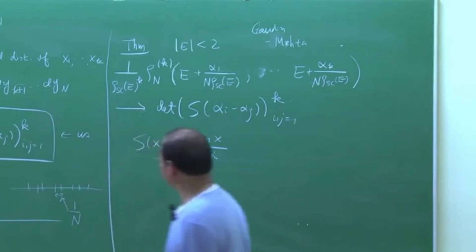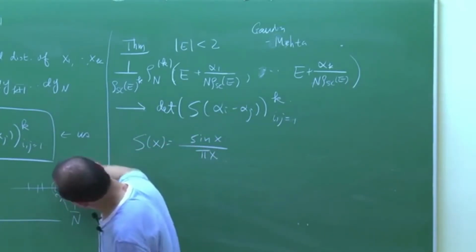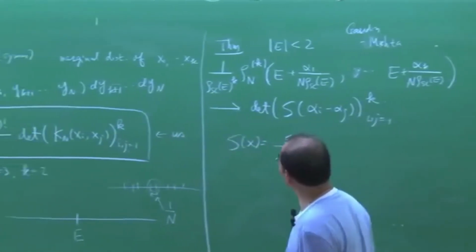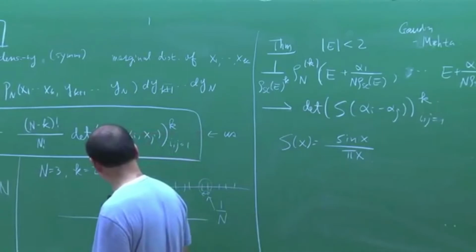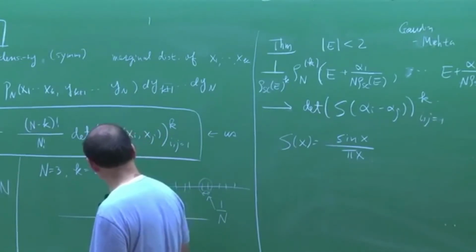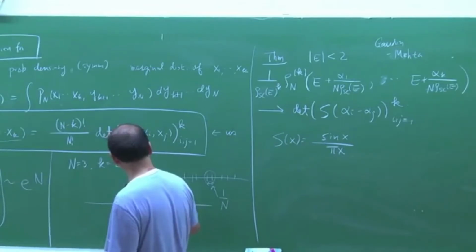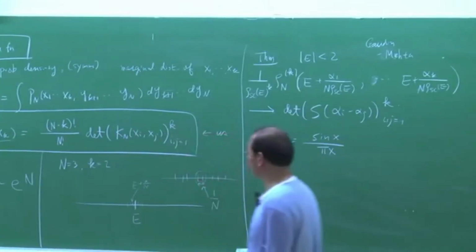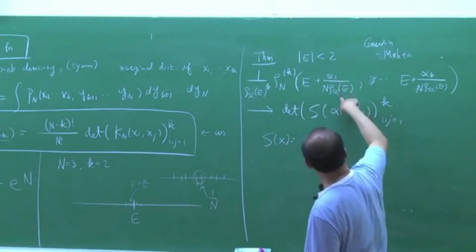So I want to know the behavior of the eigenvalues at distance 1 over n. So what I do is I compute the correlation functions. I put the k points here, and each one is E plus alpha over n. So I take a fixed energy E, and this is alpha over n and alpha over n.